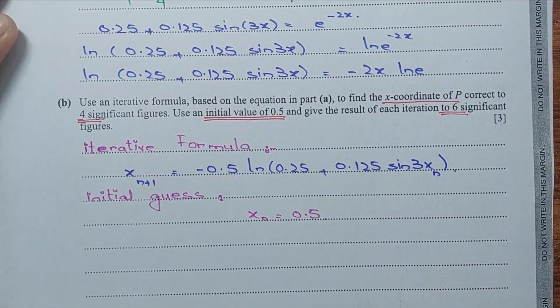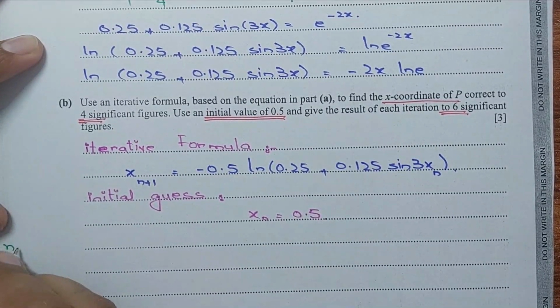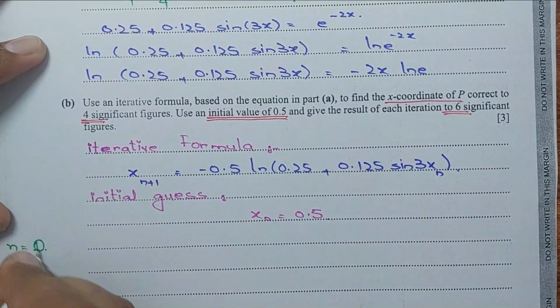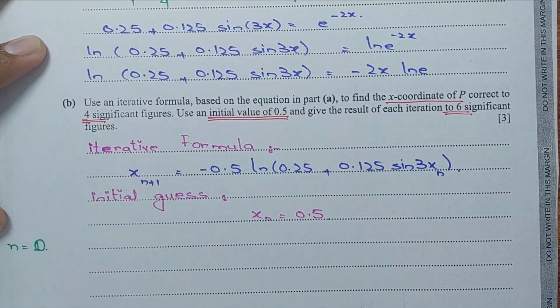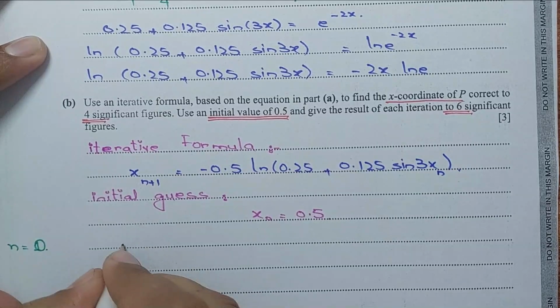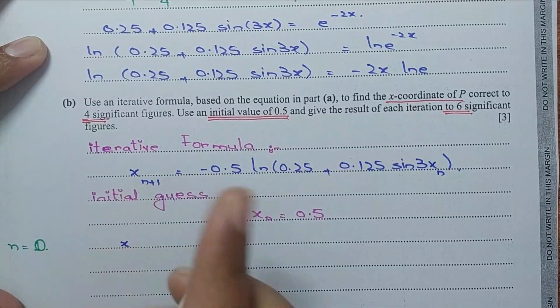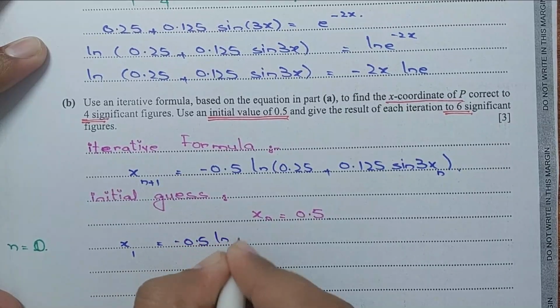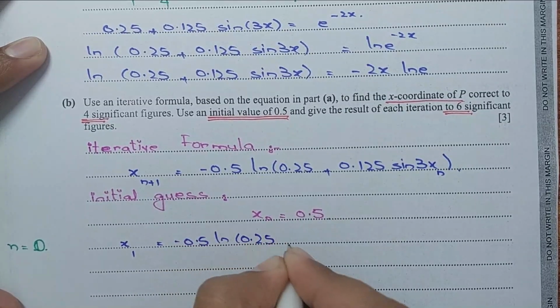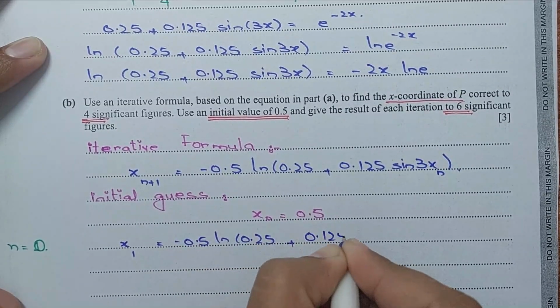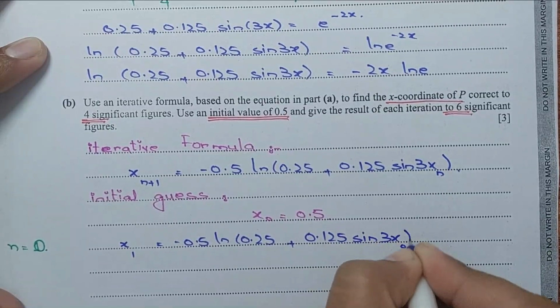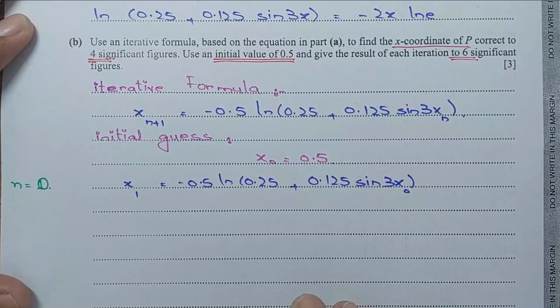Now we have to figure out the values. When n is 0, x0 plus 1 is x1, which is minus 0.5 natural log of 0.25 plus 0.125 sine 3x naught, where x naught is 0.5.